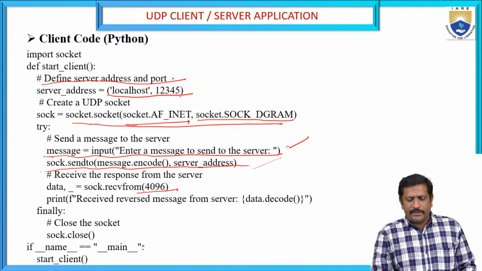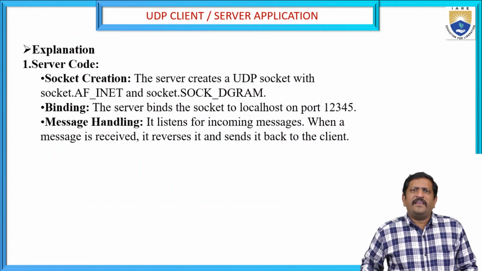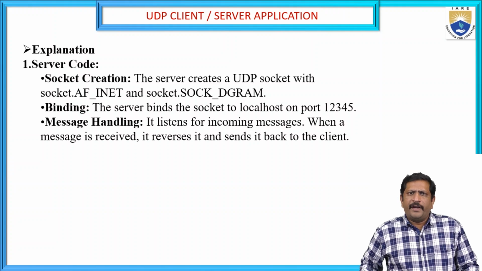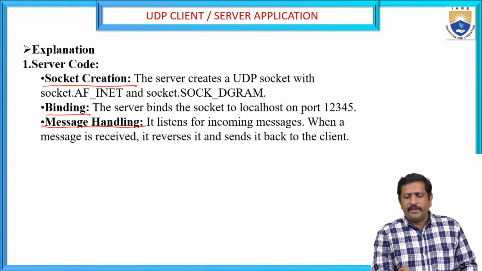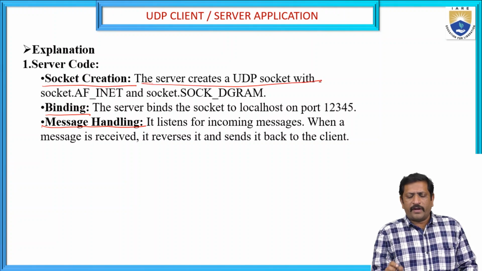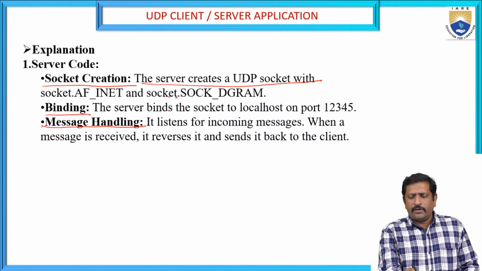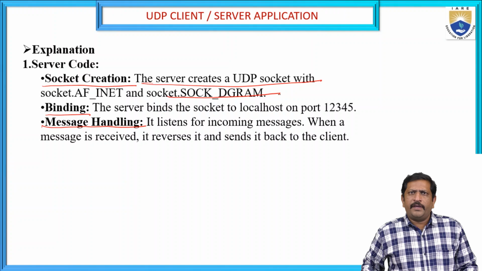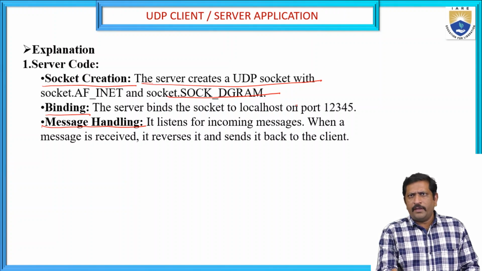On the server, the socket creation is done first, after that binding the address and the port number, and then messages can be handled. Creating the UDP socket uses the INET family, and the data type is socket.SOCK_DGRAM. The server binds the socket to localhost on port 12345.